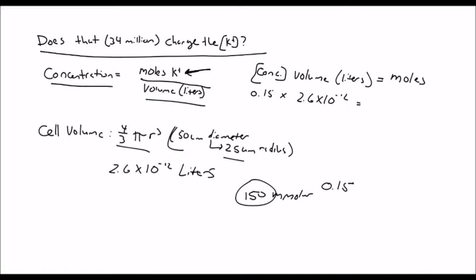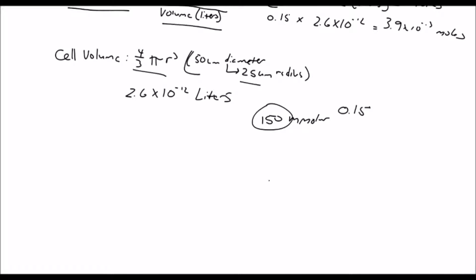And you'll find from that we have 3.9 times 10 to the negative 13 moles of potassium in the cell. And so by using Avogadro's number, we can convert that into a number of potassium ions. And you'll see that's roughly 234 billion potassium ions inside of a cell.